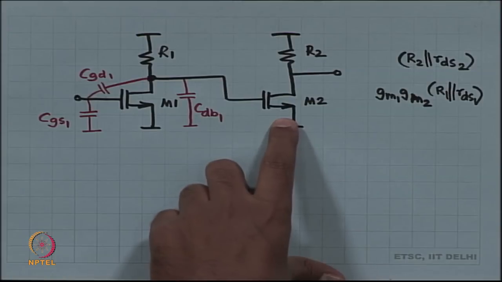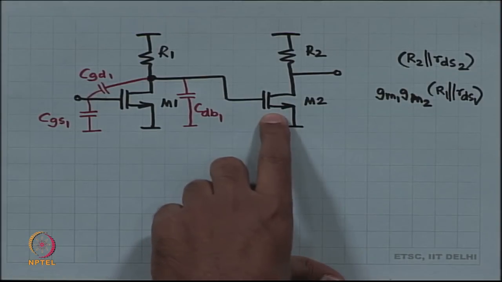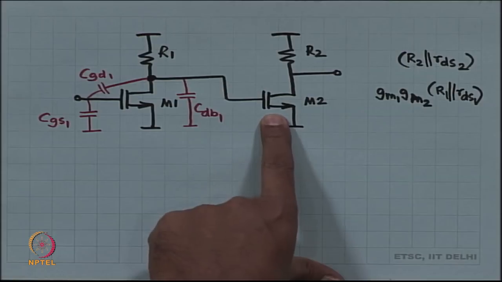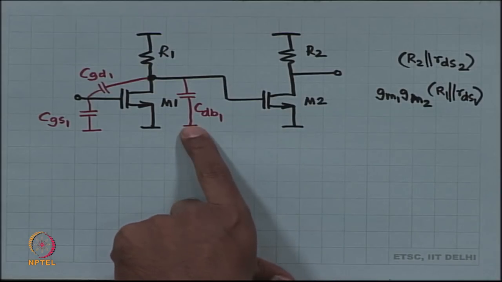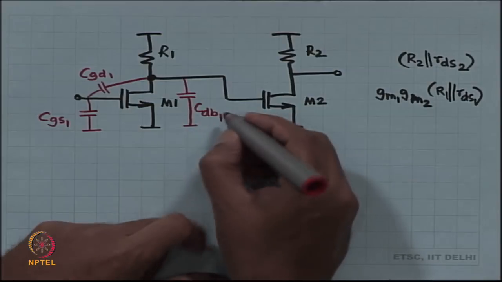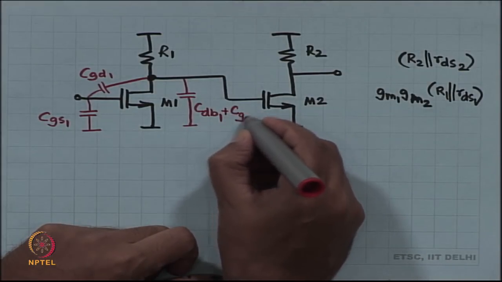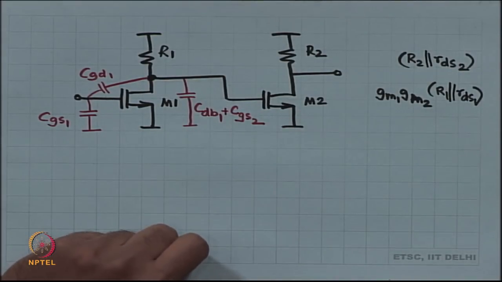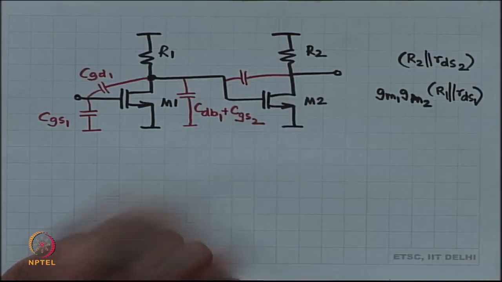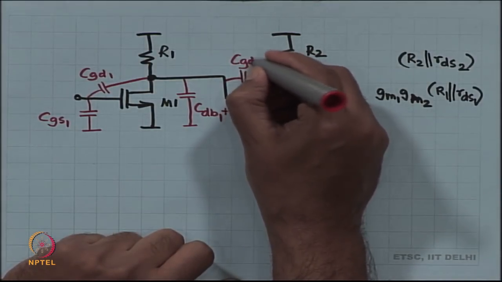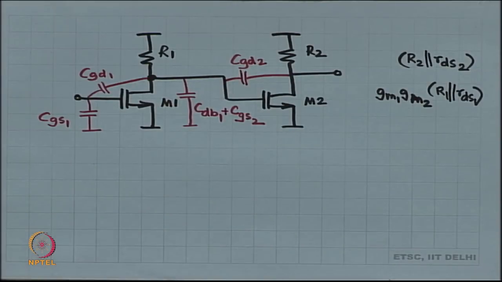Then device number 2, I have got CGS of 2. Now, CGS of 2 and CDB of 1 are in shunt. Then I have got CGD of 2, which is even more annoying than CGD1.